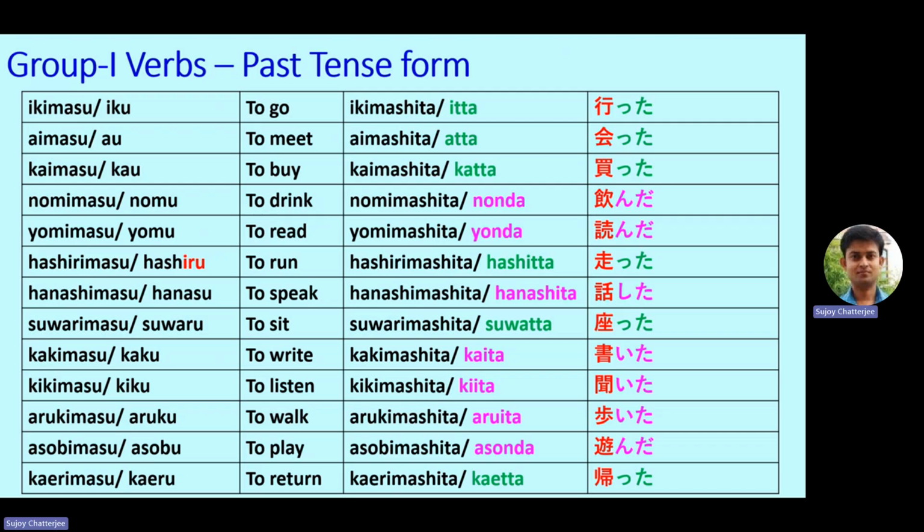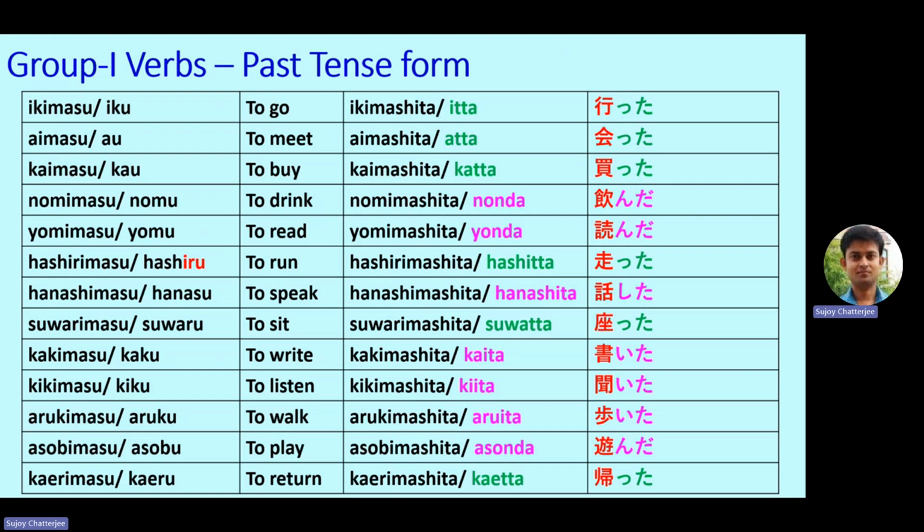So they are exceptions. Nomu becomes nonda, yomu becomes yonda, hashiru becomes hashitta, hanasu becomes hanashita, suwaru suwatta. Kaku, that is to write, becomes kaita. Again, it is an exception because it doesn't become katta, it becomes kaita. Kiku, to listen or to ask, kikimashita, and the plain past form is kiita.